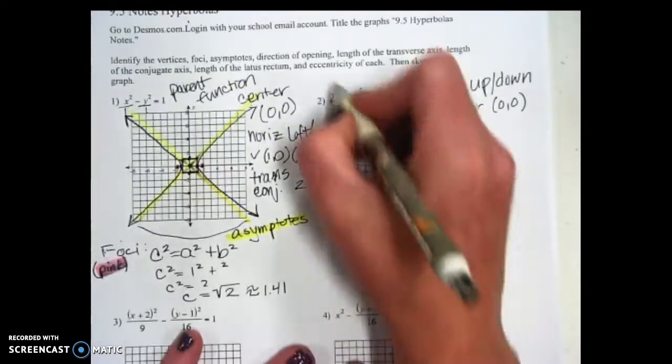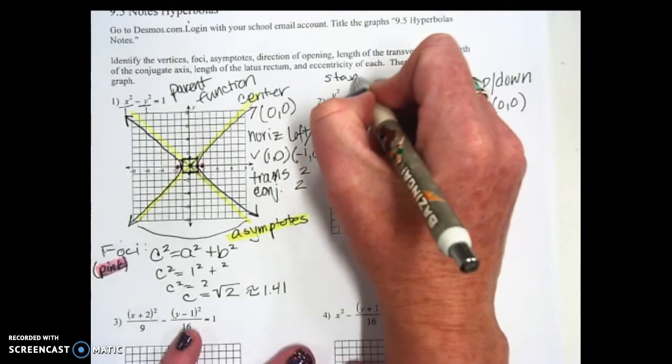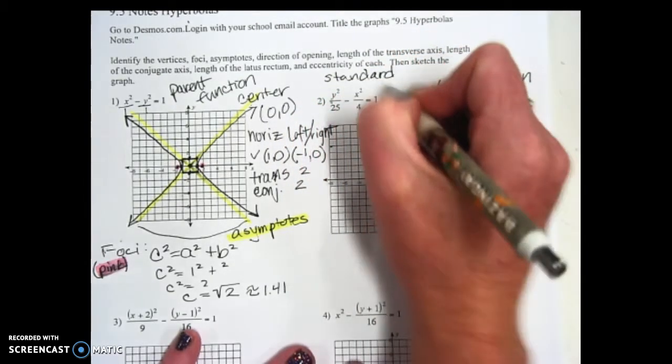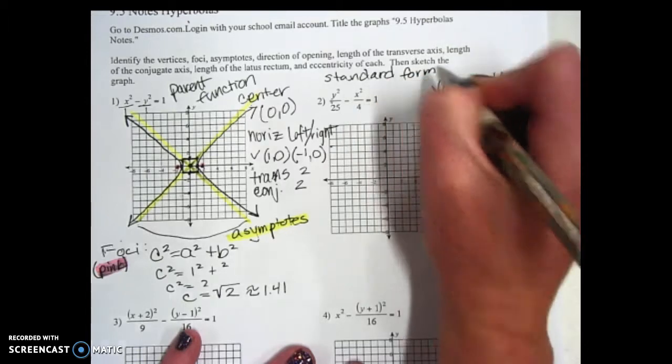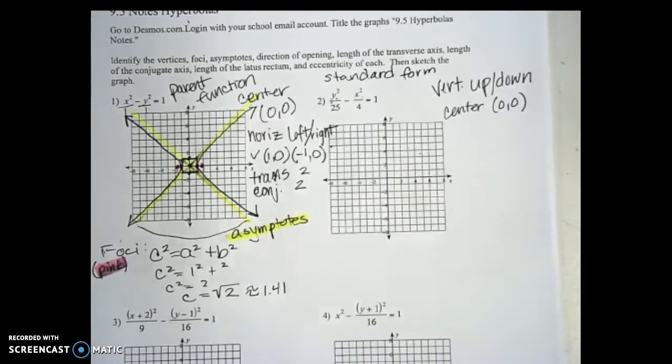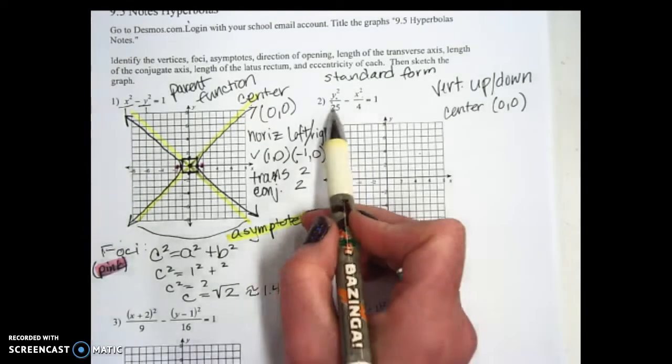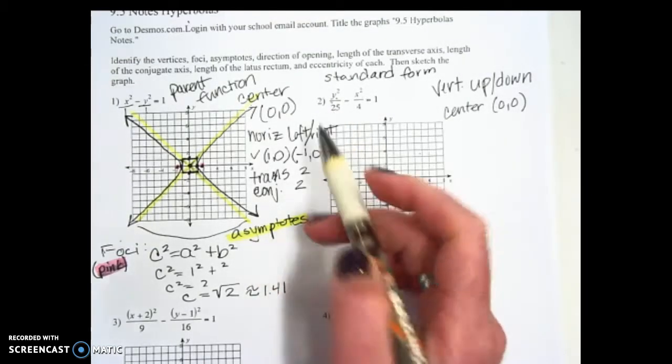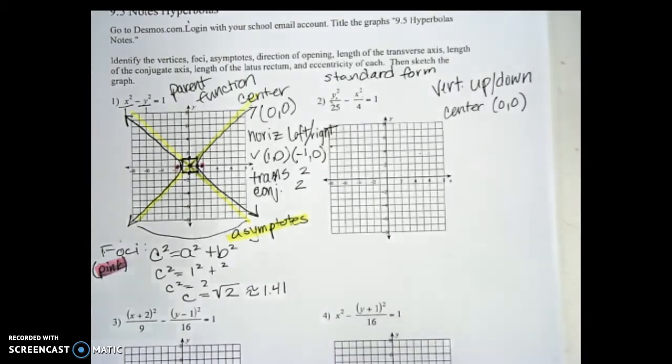So this is standard form, obviously, where if something's being added or subtracted, that's going to move your center. And the denominators, their square roots, just like with the ellipses, is what's going to stretch it one way or the other.